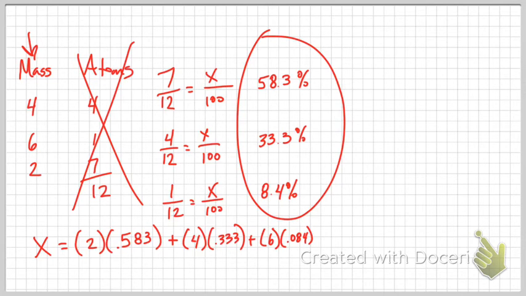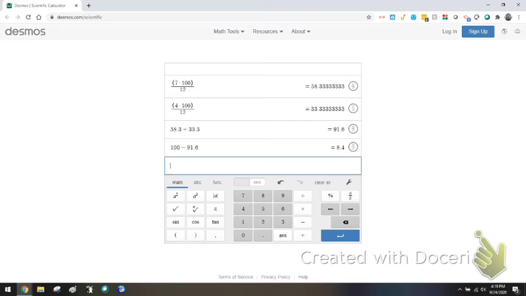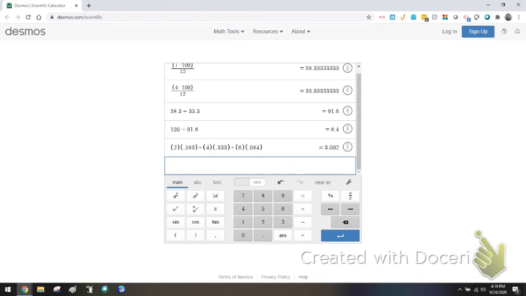So let's go to the calculator and put in our masses. Isotope 2 times the percent 0.583, added to the mass of isotope 4 times 0.333, added to isotope 6 times 0.084, gives 3.002, and that's to be expected.